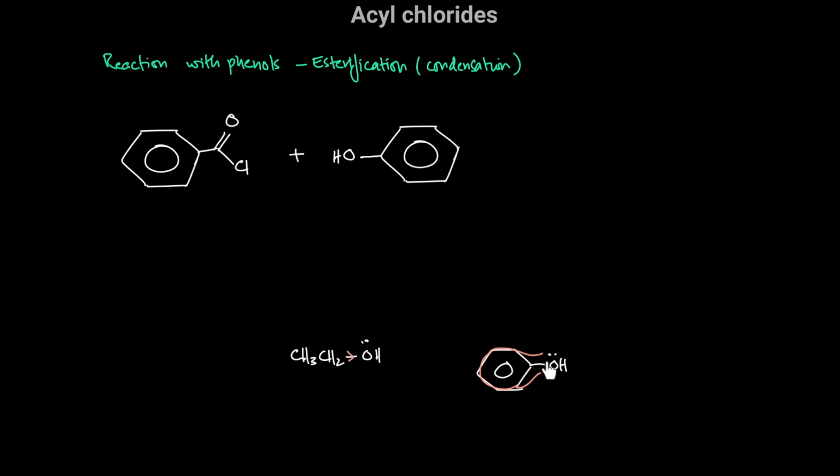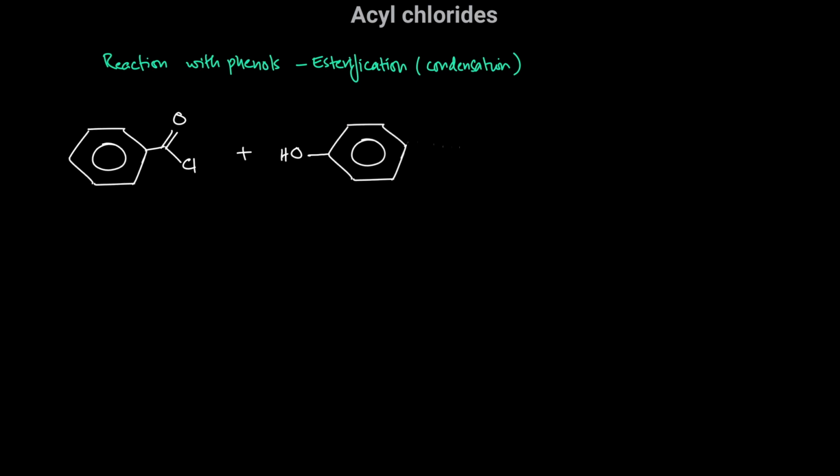Lower electron density is not attracted as strongly to partial positive charges. It's not as reactive when it comes to donating its lone pair. So phenol doesn't donate its lone pair as readily as ethanol does. Hence, it doesn't react with carboxylic acid, but it does react with acyl chlorides.